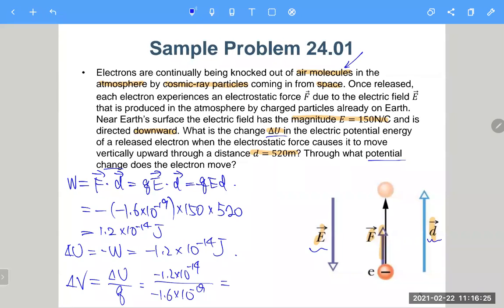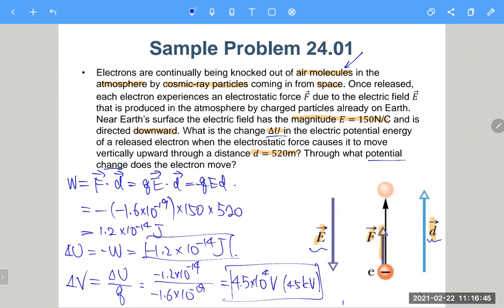So it would be 4.5 times 10 to the 4th volts, or 45 kilovolts, 45,000. So any questions?